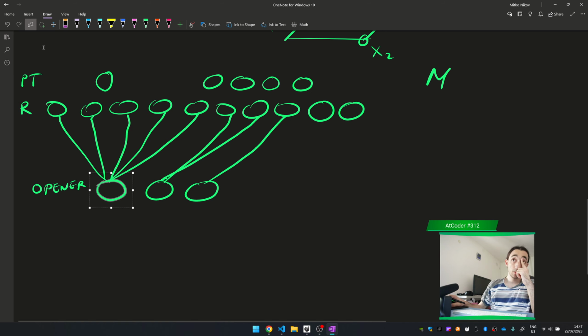Well, we can maybe sort them and go from here and then say, okay, we kind of want to get this guy, right? But I don't know if M is enough.